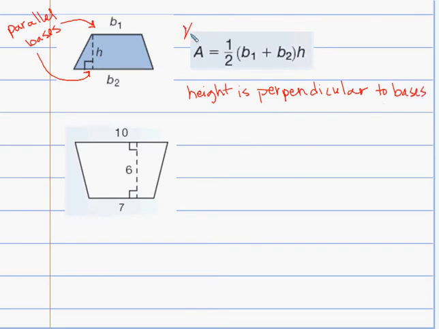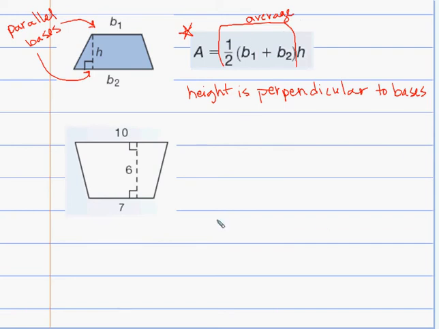Okay, so here's the formula you must memorize. It is the area equals 1/2 times the sum of your bases times the height. Or you can think of this as averaging the bases. This piece right here is the average of the bases. You add the bases up and divide by 2.